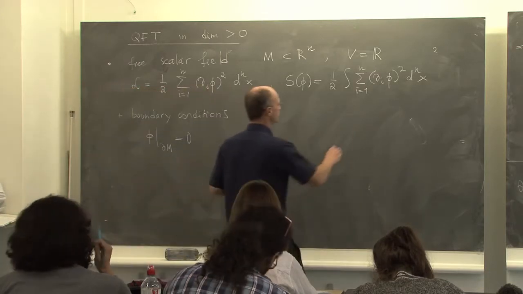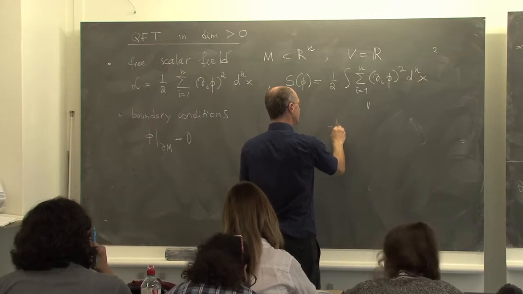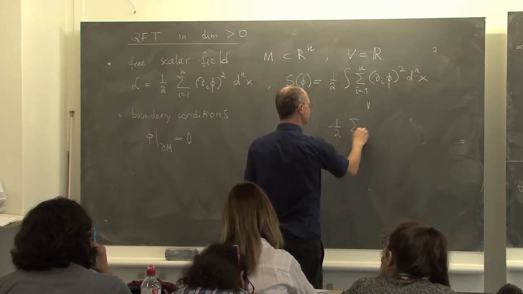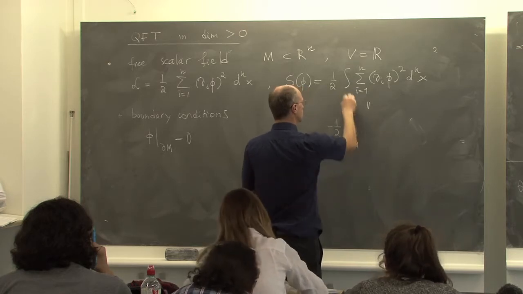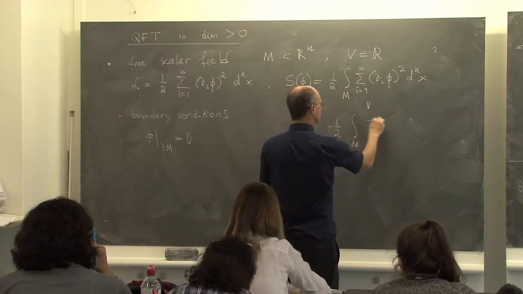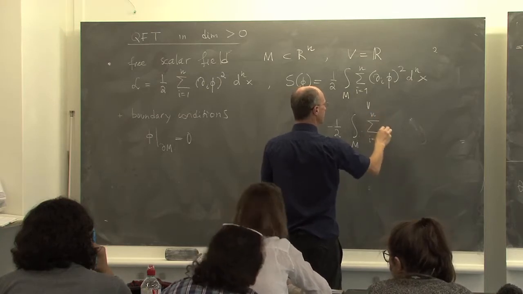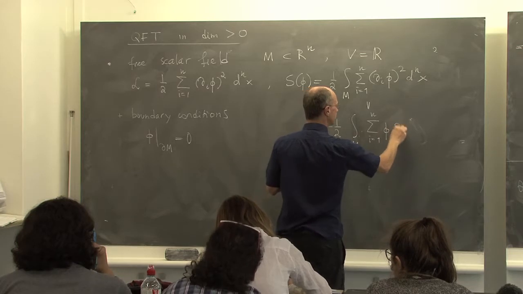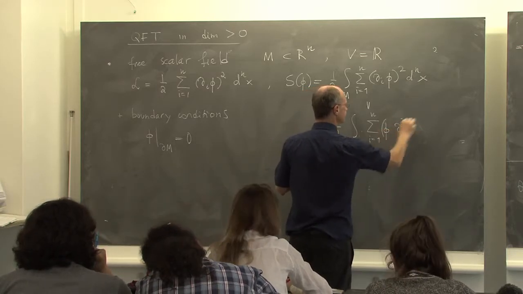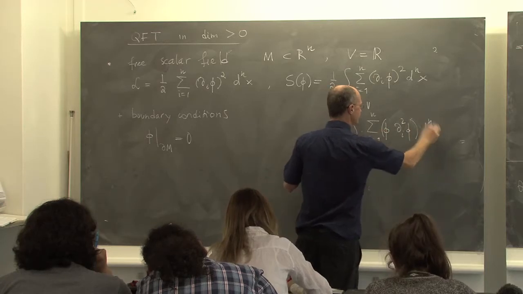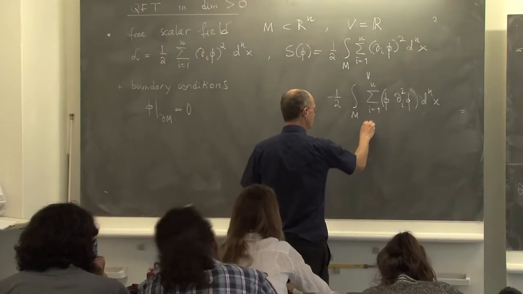If this is the case, then I can do integration by parts and rewrite this expression as the integral over M, sum from 1 to n, and here we'll have phi times d_i squared phi, d^n x. Maybe one more rewriting.